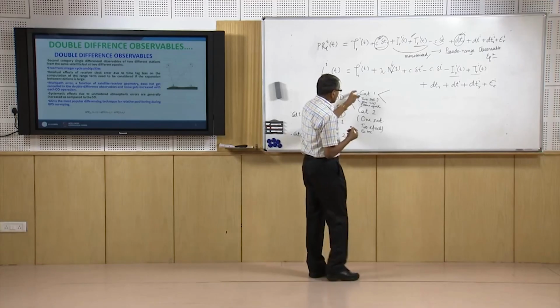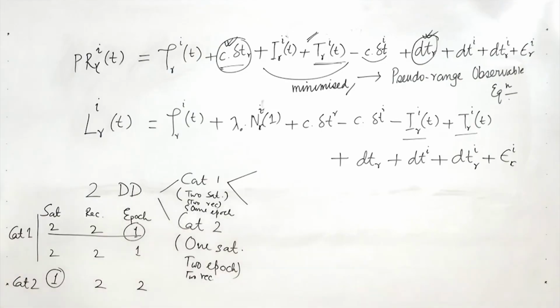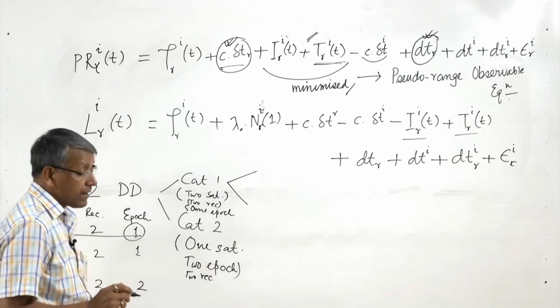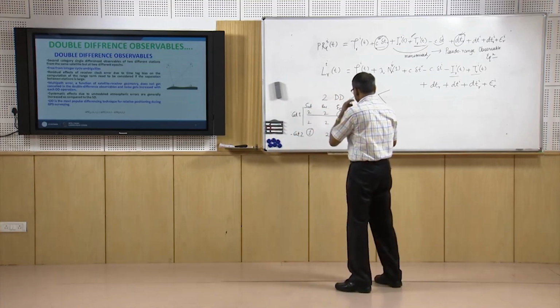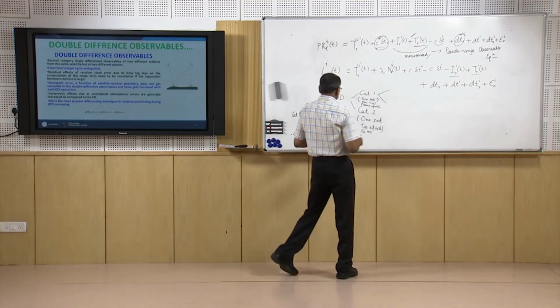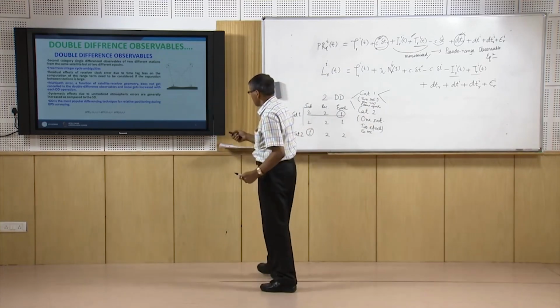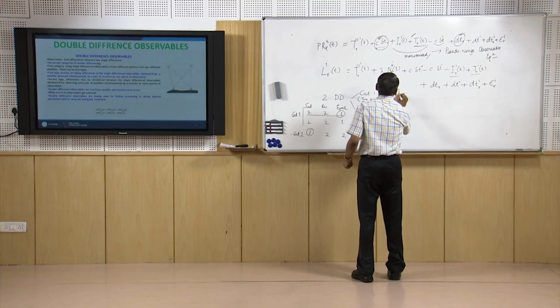Now under category 1, that means two satellites and two receivers, there may again be two different types. In one case, as we can see in our previous one, it is the difference from the different satellites at the same time, but from the two receivers.